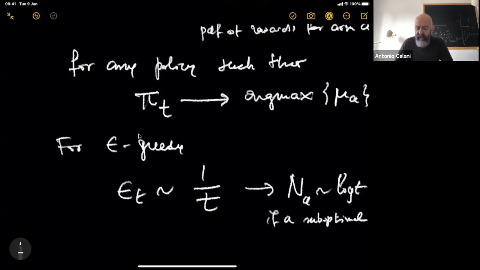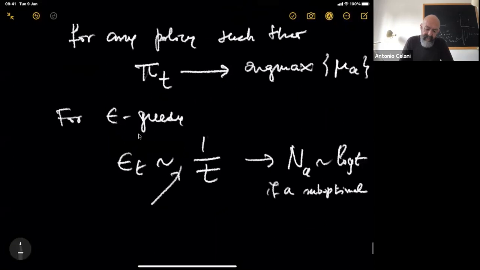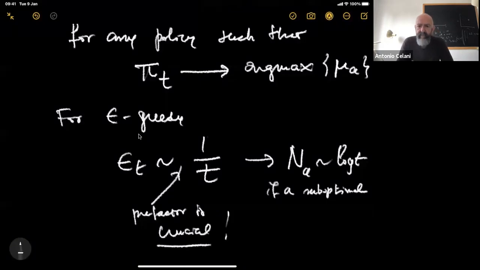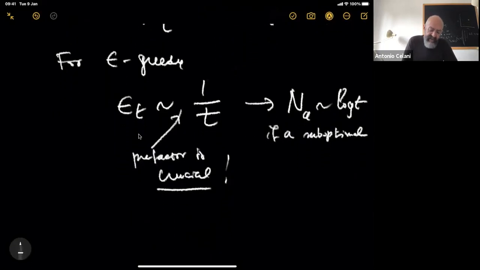And here you have to be careful about what you put here. If you put exactly something like 1 over t, you have to be careful, because if your prefactor is too large, it's fine, but if it's too small, you may fail. Okay. All right, I've been overflowing, so very last message. You can do even better than this.